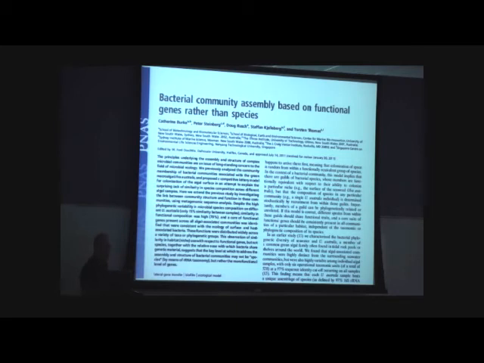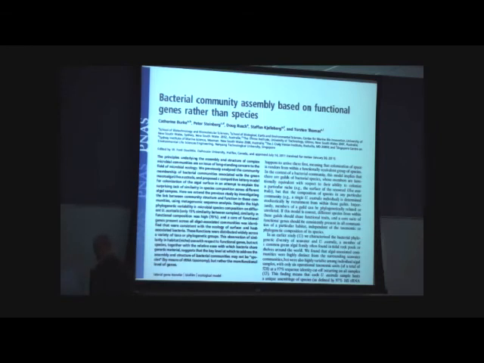Where we got to with this is, in fact, we had to seriously question whether it made sense to talk about community assembly of bacteria using species. What it looks like for this system is community assembly of genes. As long as you're a bacterium that has the appropriate genes, you can colonize that surface.